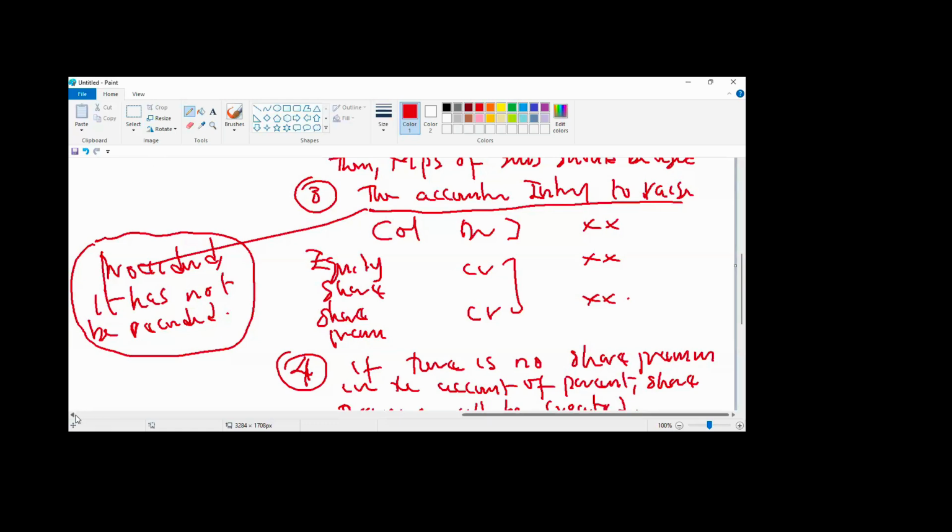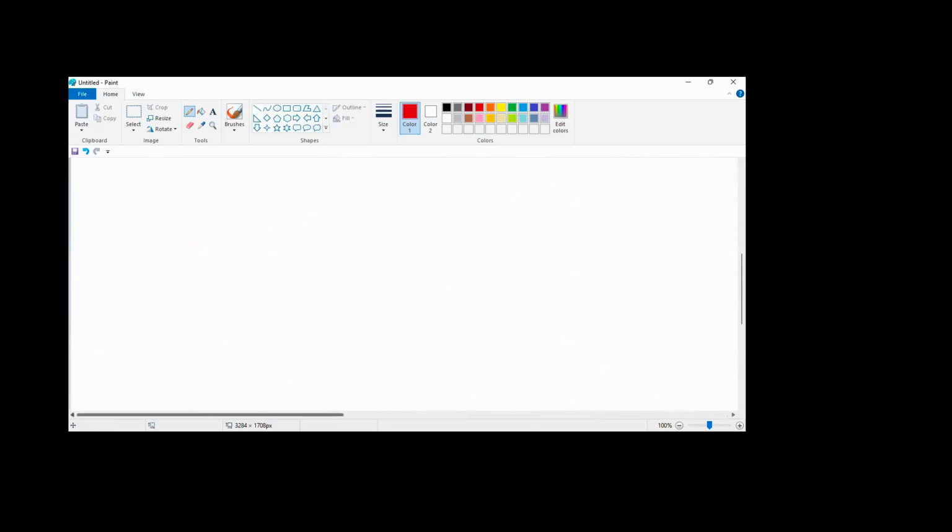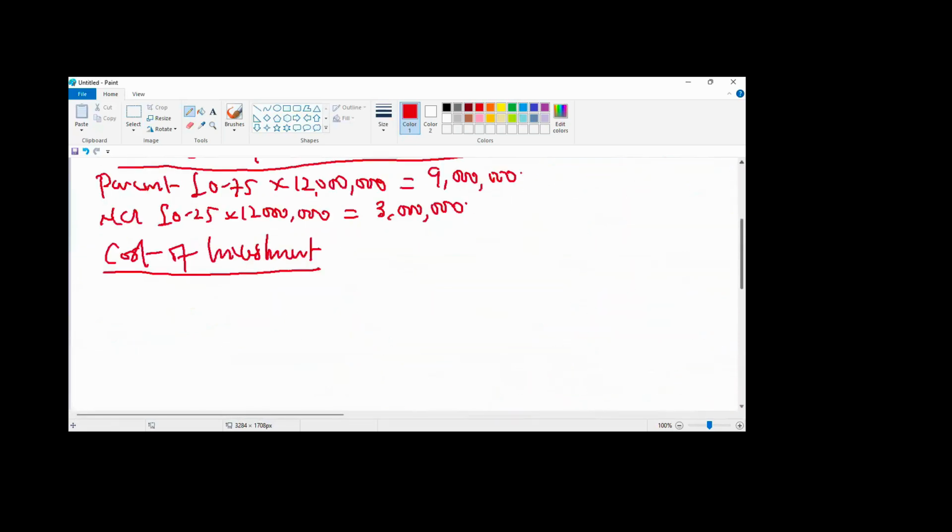So let's go to the question now. The question says, for every 2 shares, an exchange ratio has been given, using share consideration.